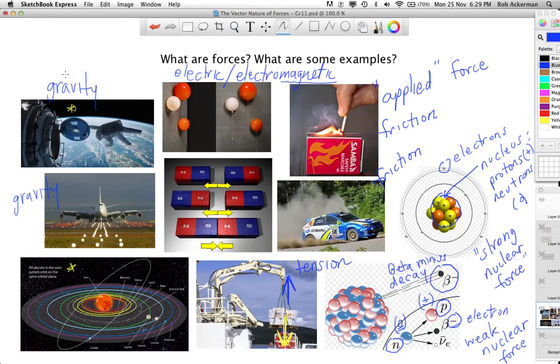There are 4 kinds of forces: gravity, electric or electromagnetic, the strong nuclear force, and the weak nuclear force, plus a few others, which are called, for example, tension, or maybe friction, or maybe an applied force. We're going to be looking at these in a lot of detail in this course.